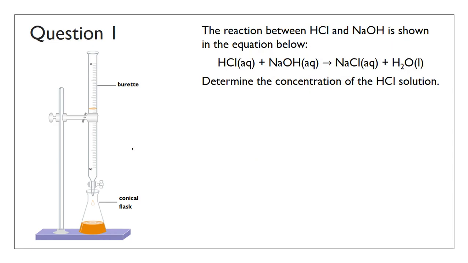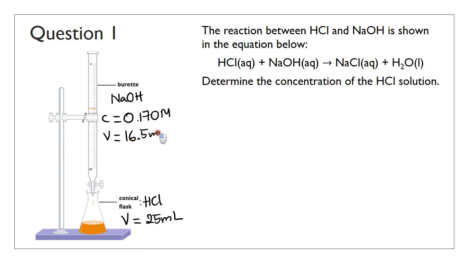Let's just revise what we just talked about. You have a titration experiment. In the conical flask, I have hydrochloric acid, and the volume of hydrochloric acid used is 25 mL. In the burette, I have a solution of sodium hydroxide. The concentration of sodium hydroxide is 0.17 molar, and the volume of sodium hydroxide that I need for a complete reaction, meaning there's no excess, is 16.5 mL, and this is also the titer.